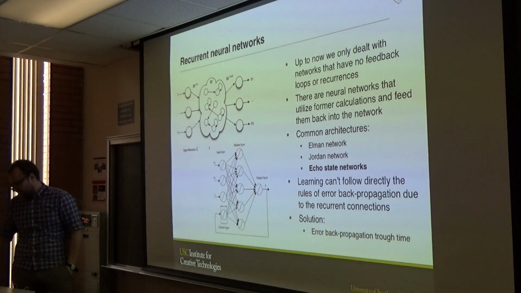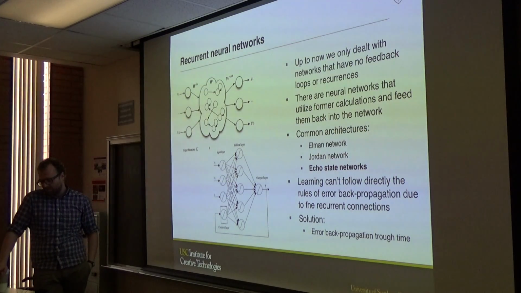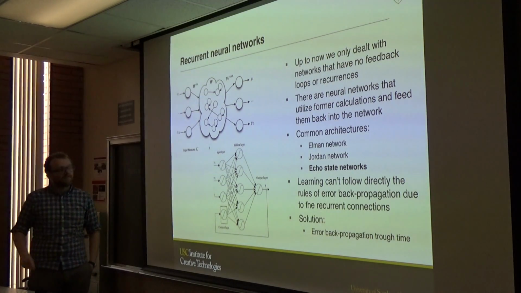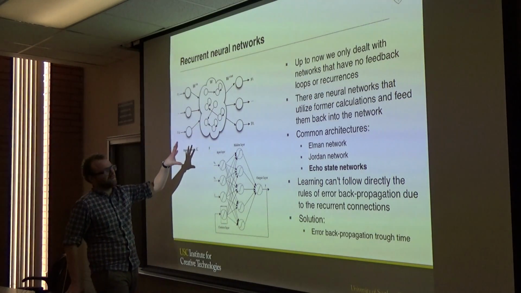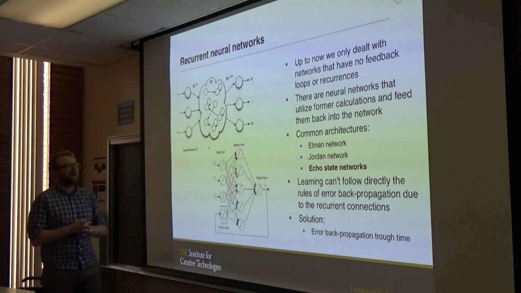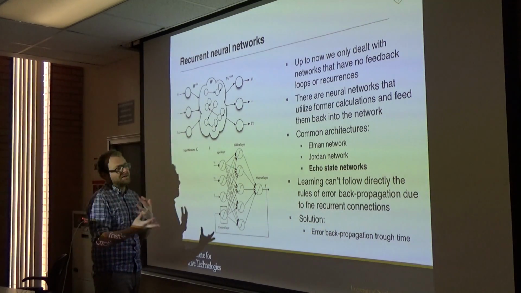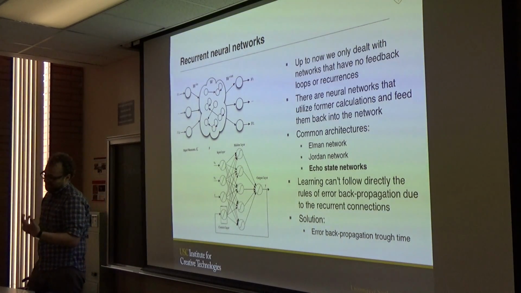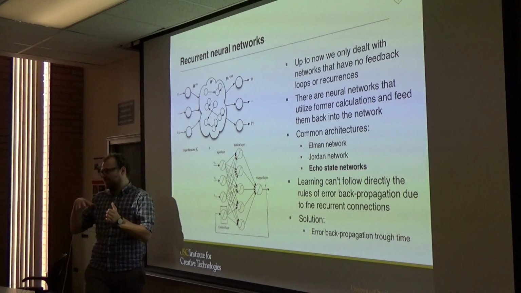As another kind of interesting topic, and this will become more important for deeper architectures, but we'll talk about that in a second, there are not just feed-forward neural networks, but also recurrent neural networks that basically can utilize information over time. They can learn dependencies between sequences of inputs. They have a memory.